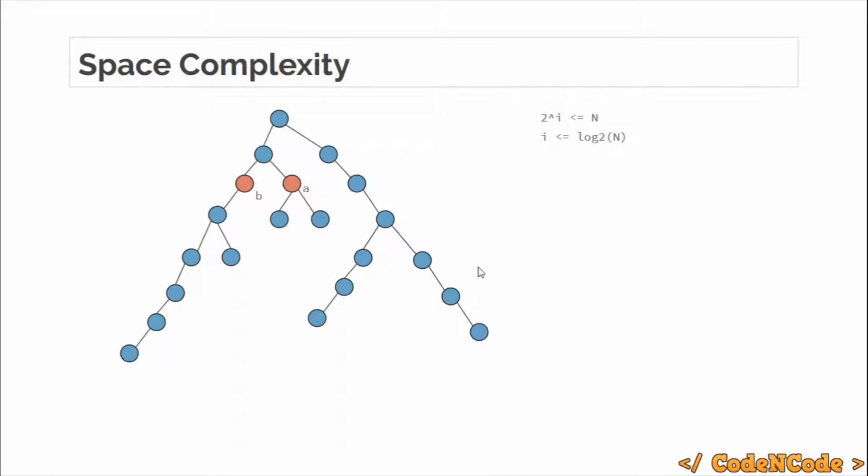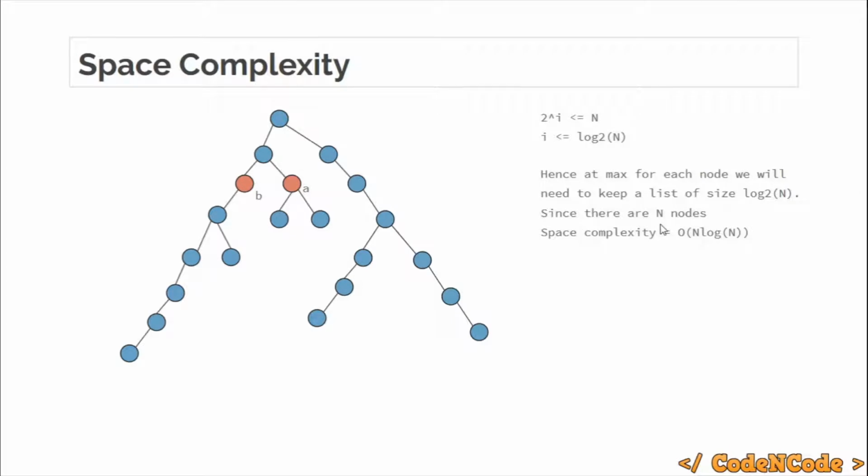So for each node you don't have to make a list of more than log n nodes. Since there are n nodes in total in the tree, the overall space complexity would be n log n, because for each node you have to keep a list of log n parents.